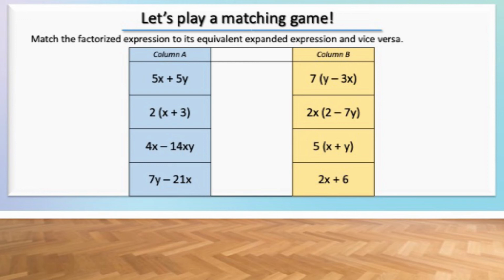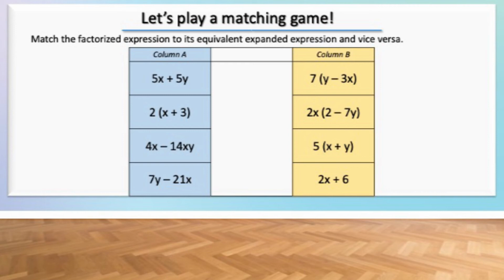In column B, we have 7 multiplied by y minus 3x, 2x multiplied by 2 minus 7y, 5 multiplied by x plus y, and 2x plus 6.